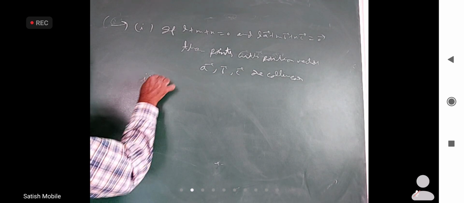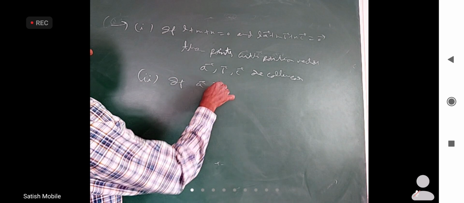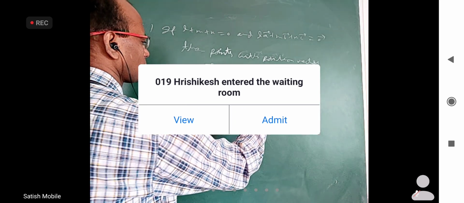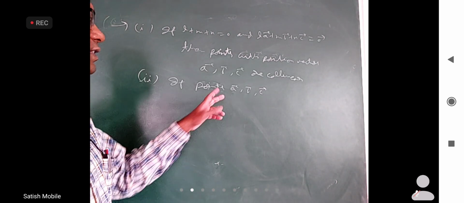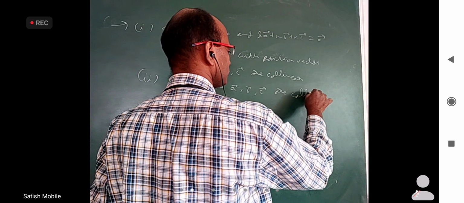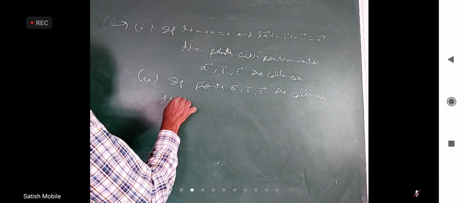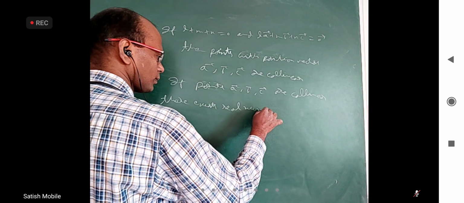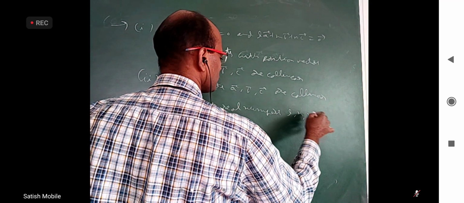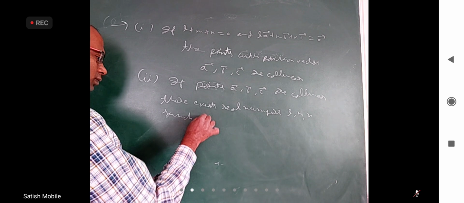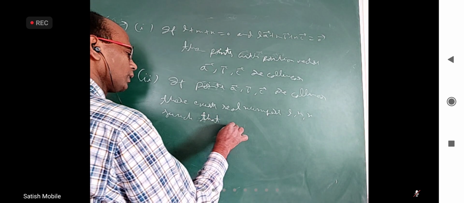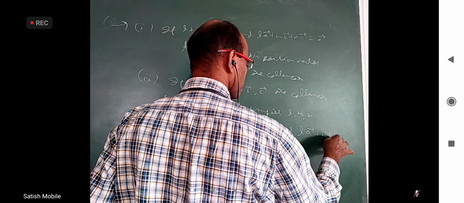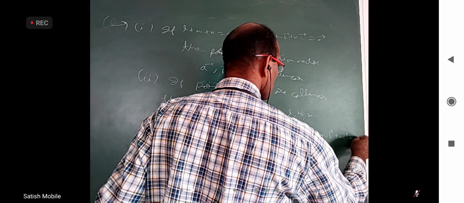And the converse of this: if points A, B, C, when I say points A, B, C means points with position vectors A, B, C, are collinear, there exist real numbers L, M, N such that L plus M plus N equal to 0 and LA bar plus MB bar plus NC bar equal to 0.